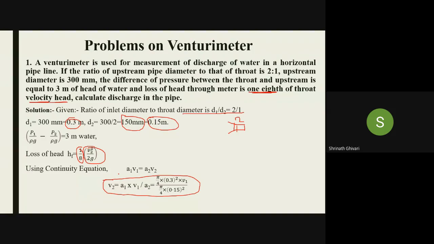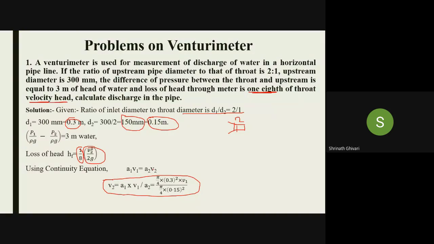Solve this. What will be the value? It's very easy.